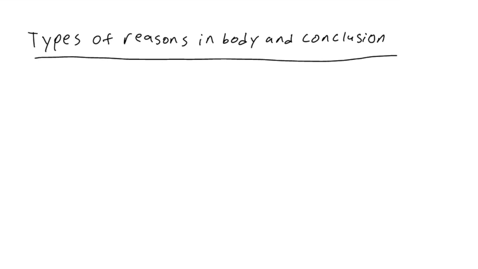Alright, there are different types of reasons that you can put in your body and conclusion. So for these, I'm going to talk about 3 different types. First is properties. So these are specific properties that you can use with information from your givens or from the rest of your body to say other things in your proof. The next is definitions.